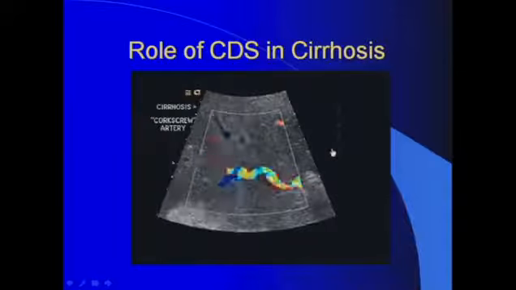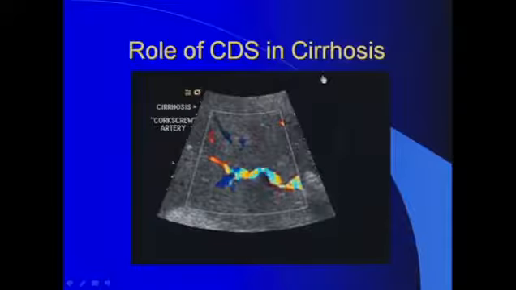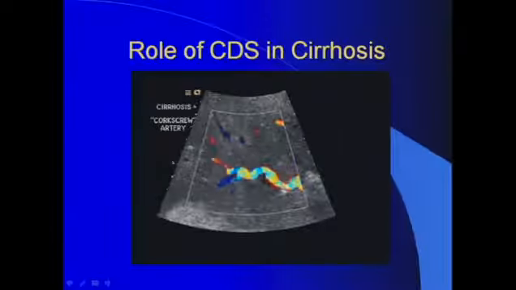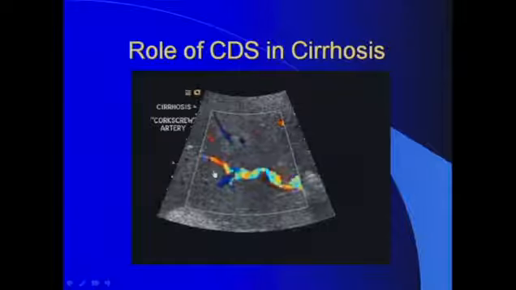Another example of changes encountered with color Doppler in cirrhotic patients: in this instance, you can see how the hepatic artery is big and tortuous, what we call the corkscrew artery, which tells you that there is definitely a significant increase in the arterial flow into the liver.